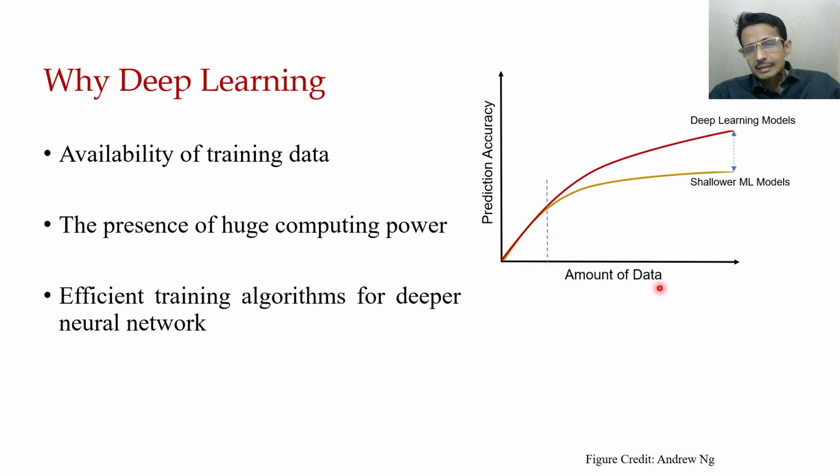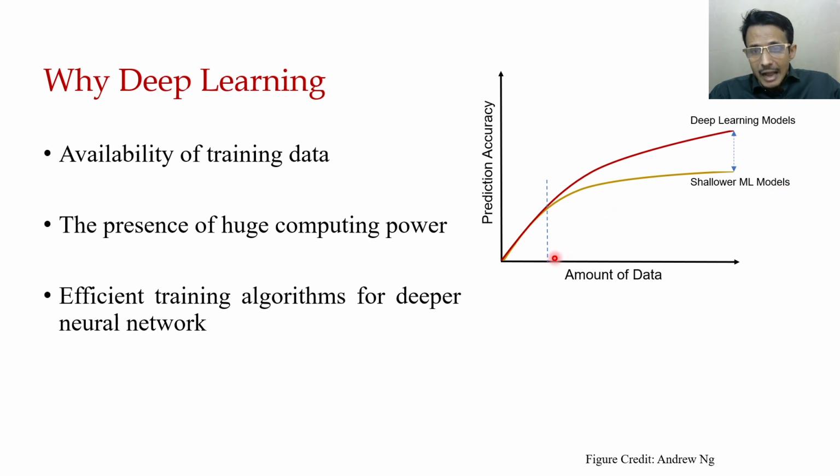The x-axis is the amount of data, the y-axis is prediction accuracy. After a certain amount of data, definitely not very big data, small data, the shallower models and deep learning models perform almost similarly. But when the amount of data increases, slowly the performance of deep learning outperforms the shallower nets.